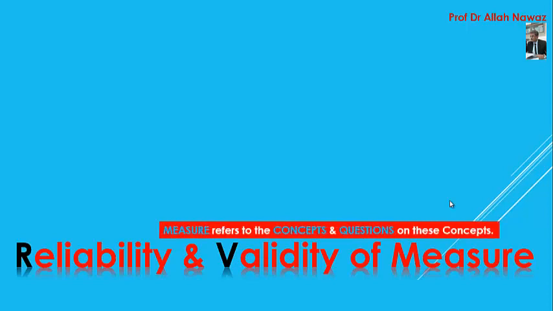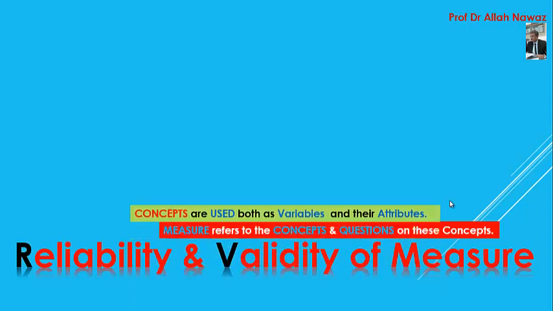Measure refers to the concepts and questions on these concepts, and concepts are used both as variables and their attributes. We have discussed the word concept and its types in our previous videos on research methodology.